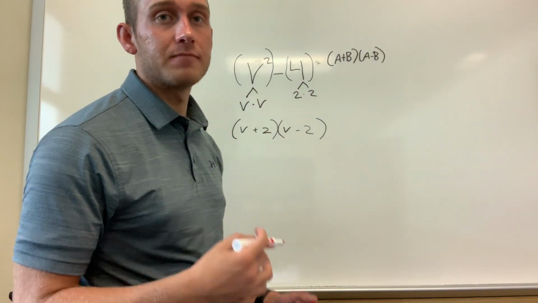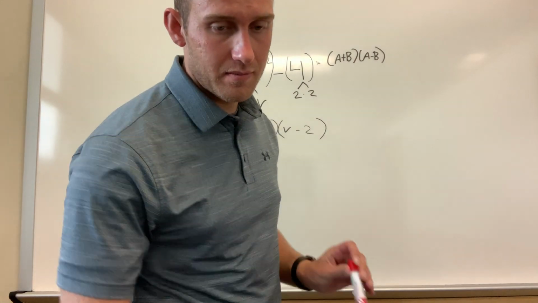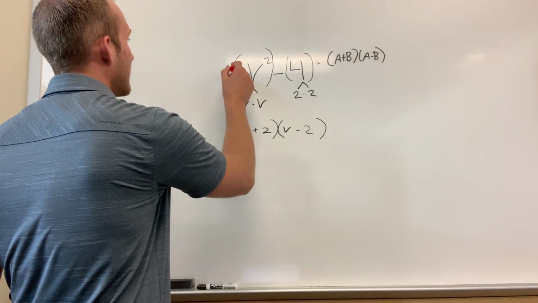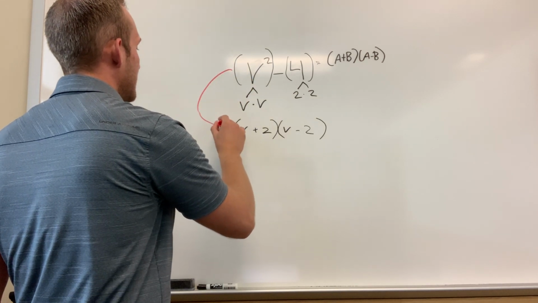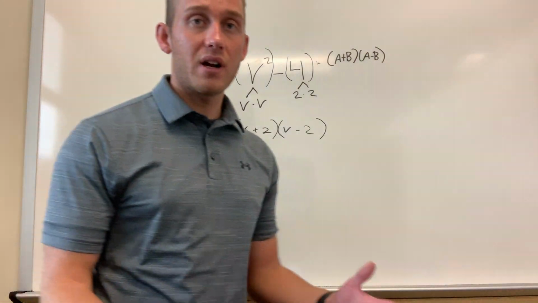So this goes over foiling. Pretty simple. So we know that this is equal to this. And we just want to verify that.